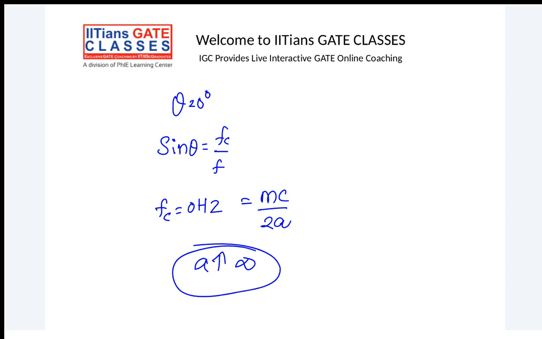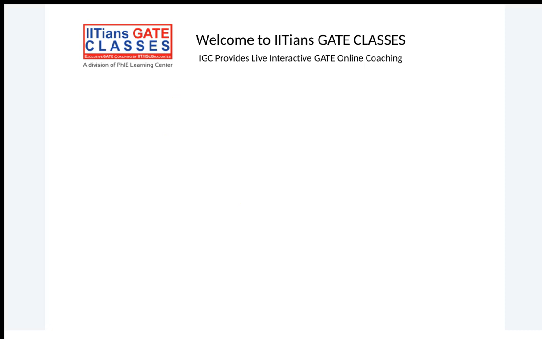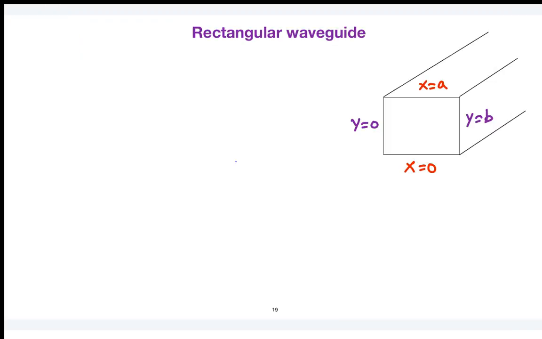Okay, so now we will start with the rectangular waveguides. What is the difference in rectangular waveguides? In the parallel plate waveguide, you already saw there are 2 conducting plates located at x equal to 0, the bottom plate, and x equal to a, the top plate.